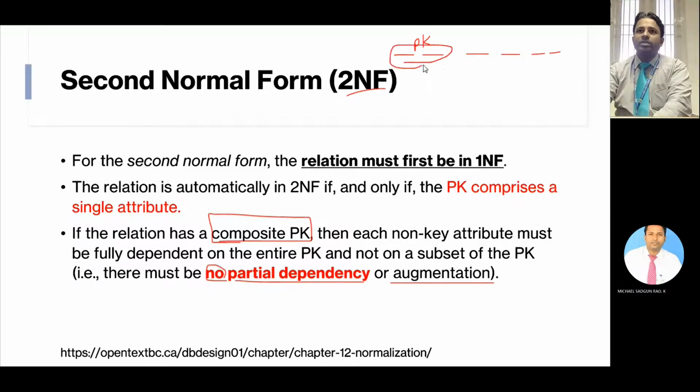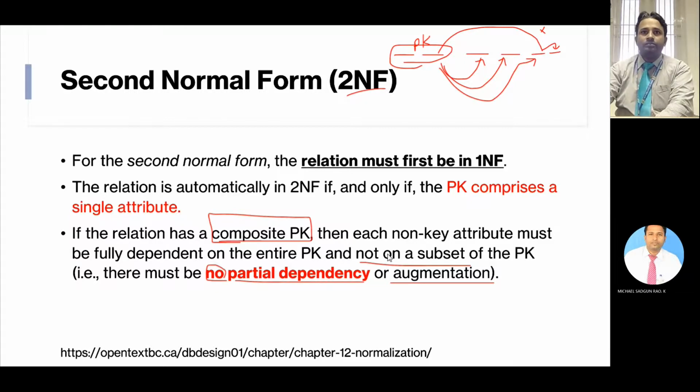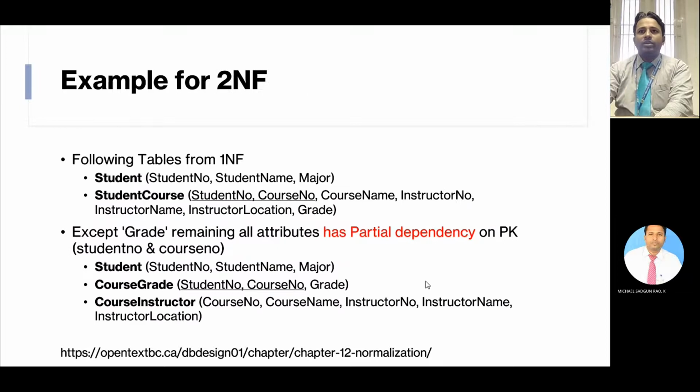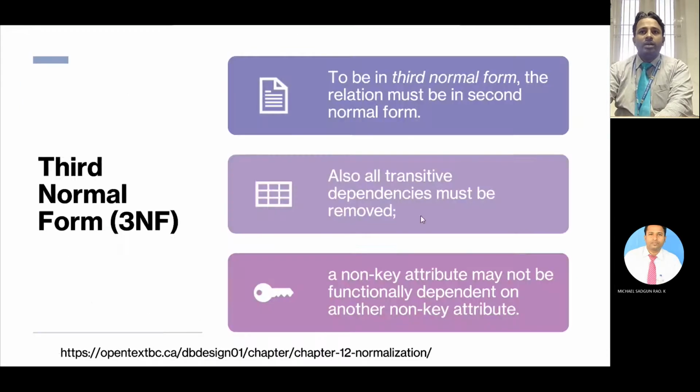Generally, there should be a dependency on the keys together, but sometimes a dependency is possible from a single key also. Such things should be eliminated. No partial dependency, it should be full, not on a subset. We have gone through one example, and the next one is third normal form.